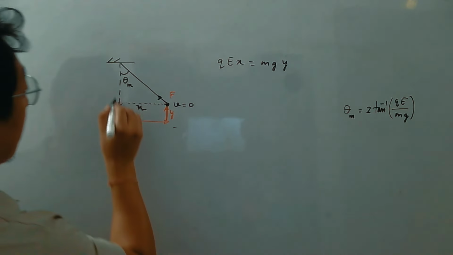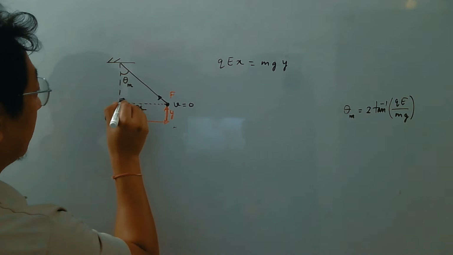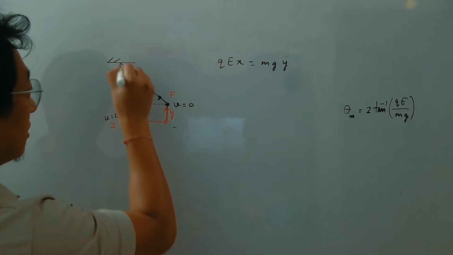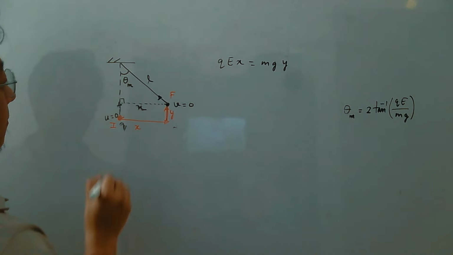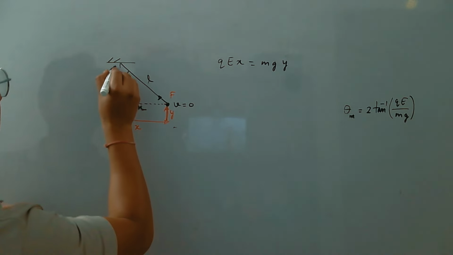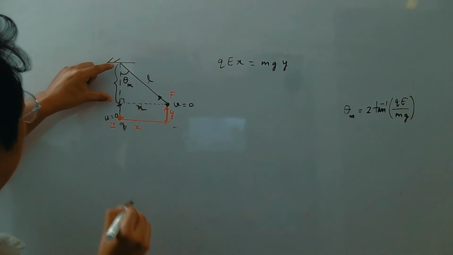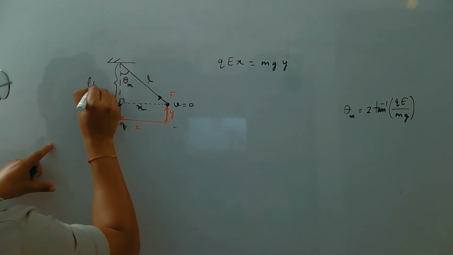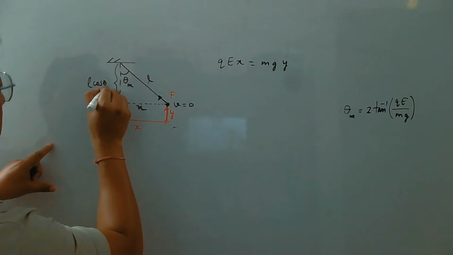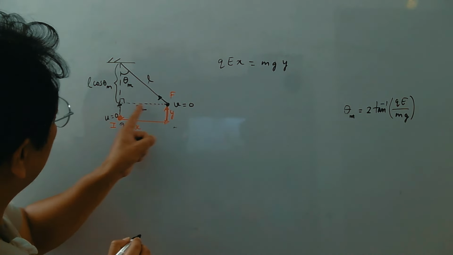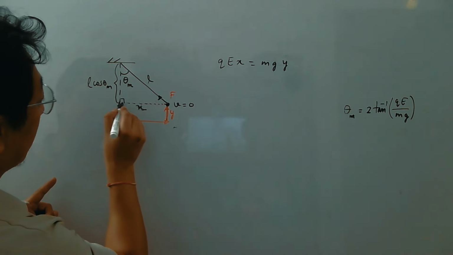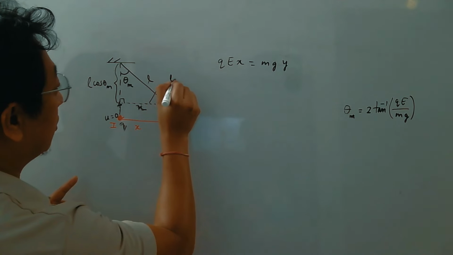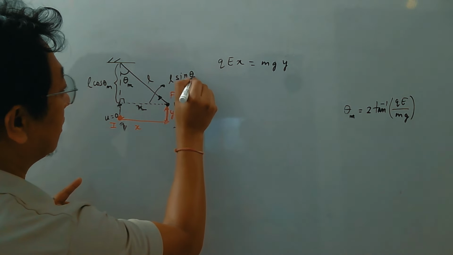Look carefully. If you look at this right angle triangle, let us call the hypotenuse, the length of the string, L. Then what will be this side? This is the adjacent side, right? So the adjacent side is always hypotenuse into cos of angle. And this side is the opposite side. So this side will be hypotenuse into sine of angle, isn't it?